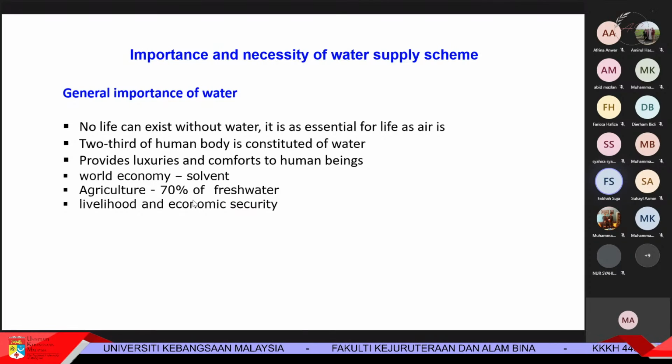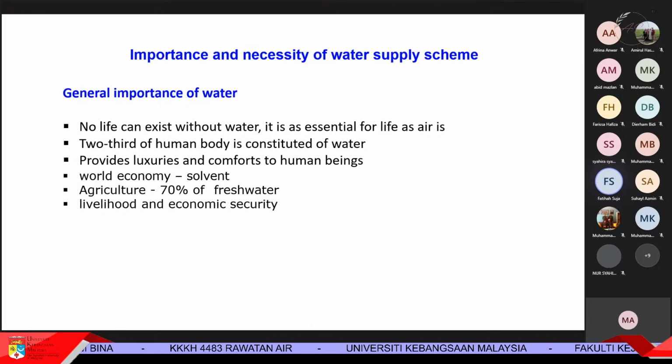Water also provides livelihood and economic security, because different bodies of water provide for different countries. Maybe some countries need more surface water, some countries need more groundwater.